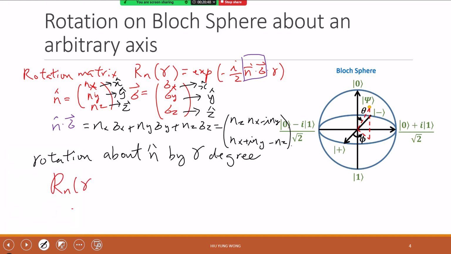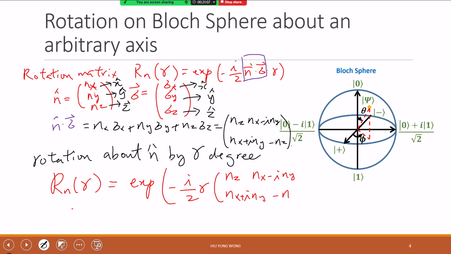R_n(gamma) equals exponential of negative i divided by 2 gamma, times the matrix (nz, nx minus i ny; nx plus i ny, negative nz). So what I've done is substitute n dot sigma by this matrix.